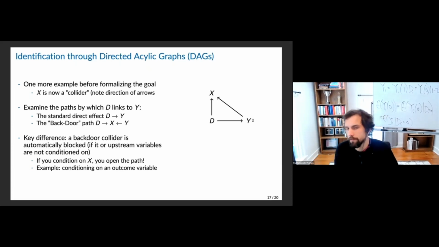So another, more famous example of what a collider is, which I always find a little bit weird, but think about looks and comedic talent. So people always talk about movie stars, like there's always this trade-off between, you either have to be really attractive or they have to be very funny.